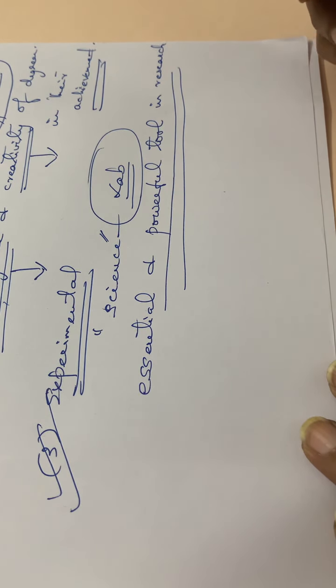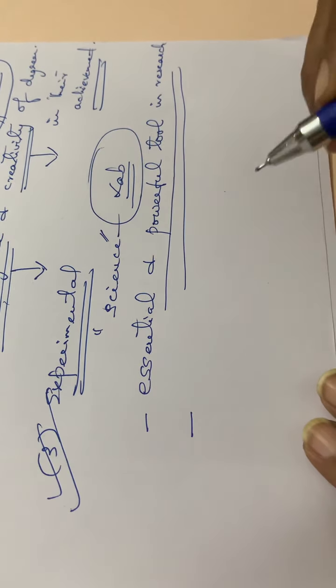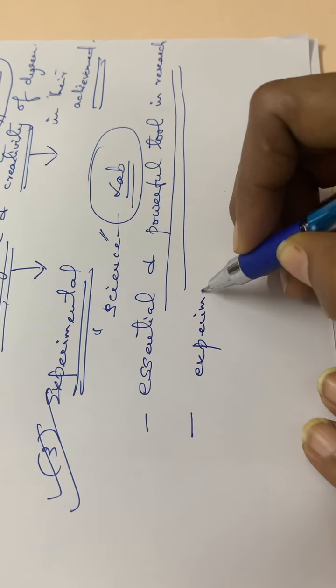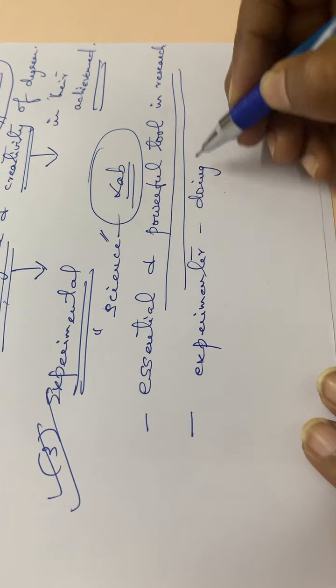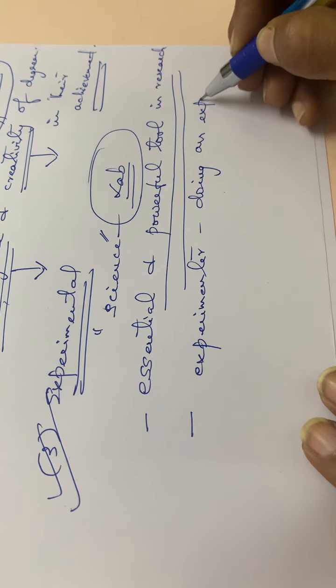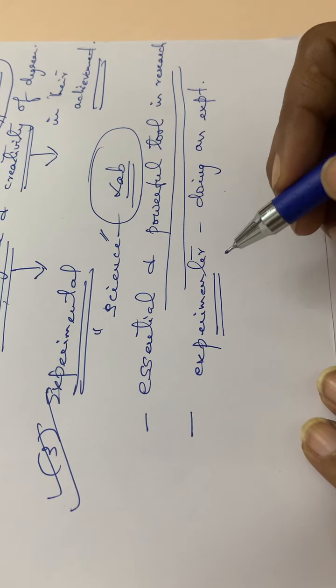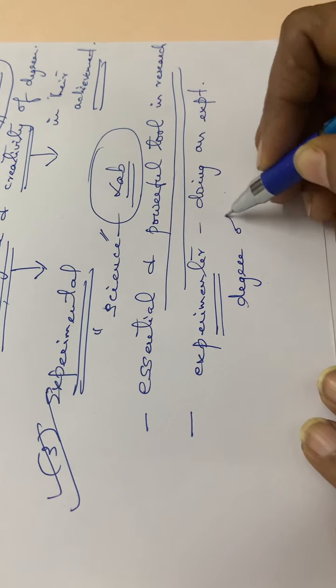And also, see here we have got the experimenter. The one who is doing the experiment is called an experimenter. And this experimenter has got some degree of control over the experiment.